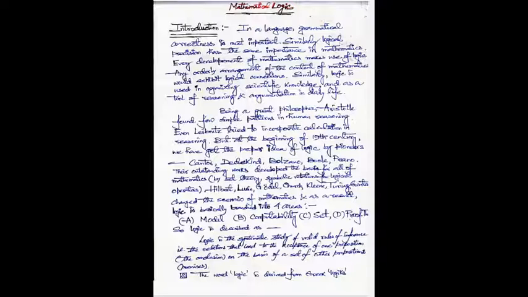What is logic? Basically in a language, grammar is the most important thing. Similarly in mathematics, logical precision has the same importance. So every development of mathematics makes use of logic. So how can we write any mathematical expression?